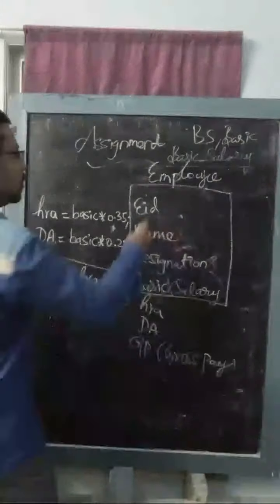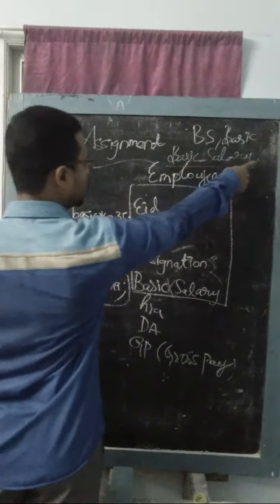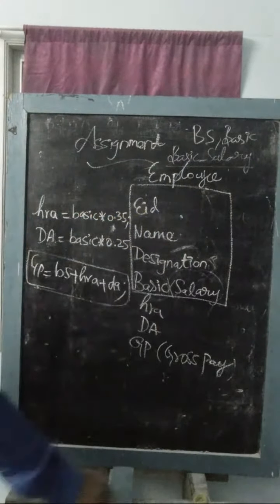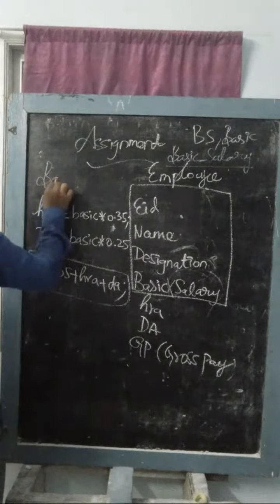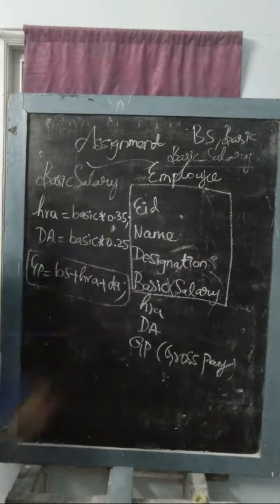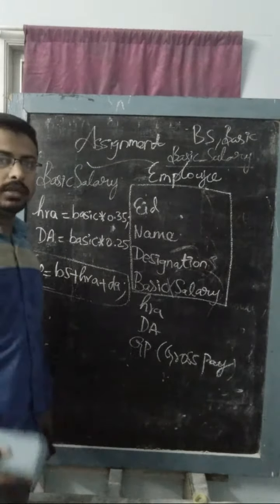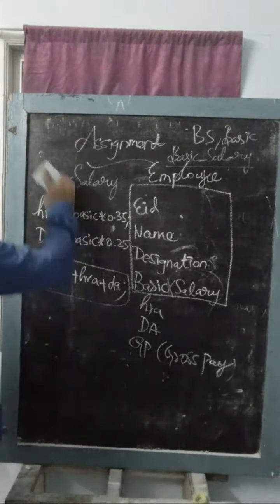Now the underscore is joining basic and salary, and it is treated as a single word. Otherwise you can write basicsalary without any gap. This is the first mistake I saw in so many students' programs.